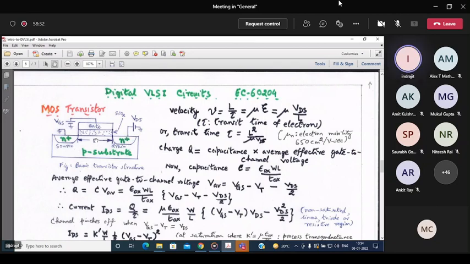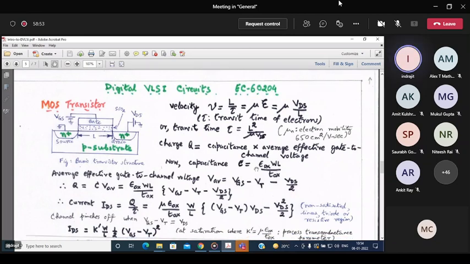But in the middle, the average channel drop is VDS by 2. Since we are talking about the overdrive voltage, that is VGS over the threshold voltage, it is VGS minus VT minus VDS by 2. This is taken to be the average effective gate to channel voltage.